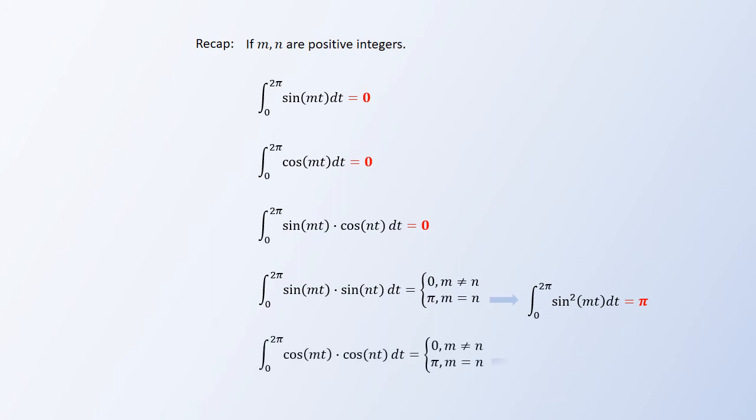And this is the same for cosine. When you have the integral from 0 to 2 pi of cosine mt times cosine nt, it's 0 if m and n are not equal, and it's pi if m equals n. And again, we want to see where cosine squared of mt, the integral from 0 to 2 pi, and we'll see that that's equal to pi.